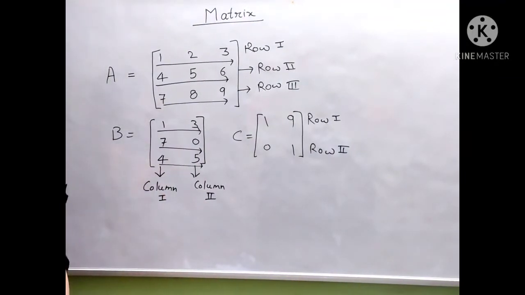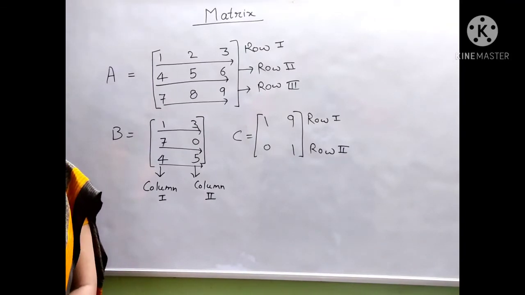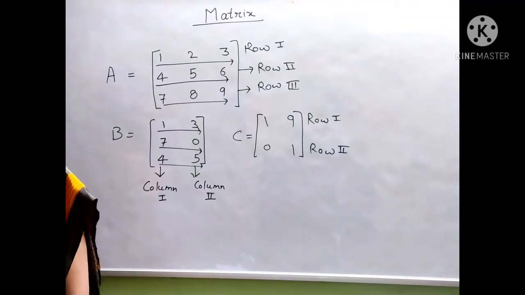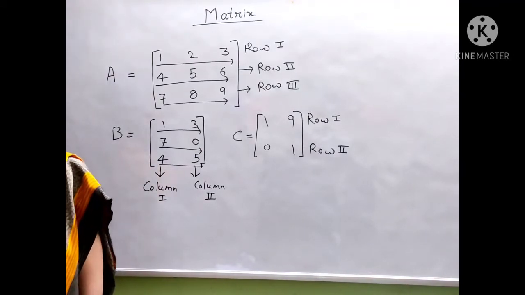Next, what we have to know is the order of the matrix. The number of rows multiplied by the number of columns is called the order of the matrix.